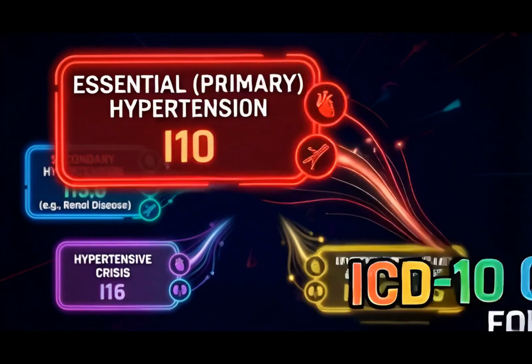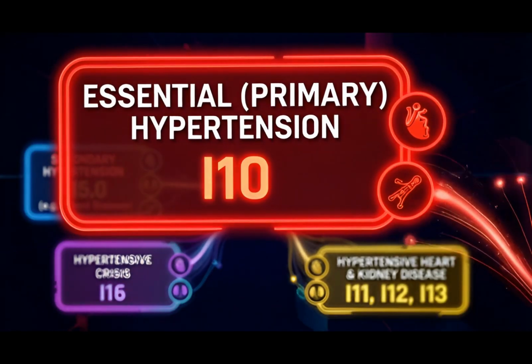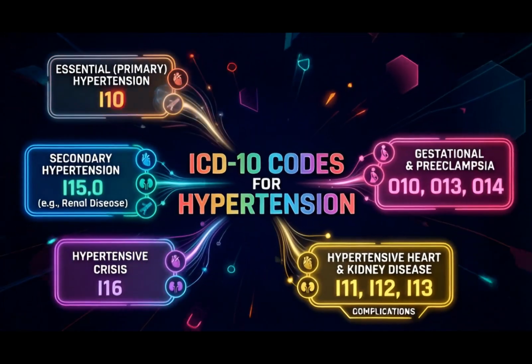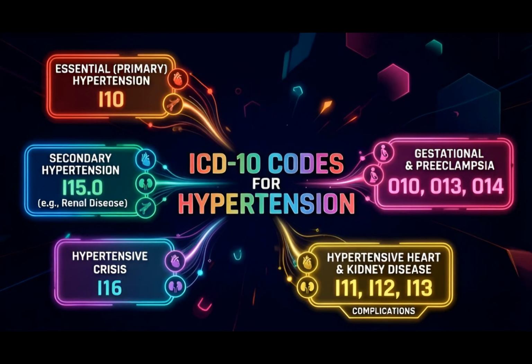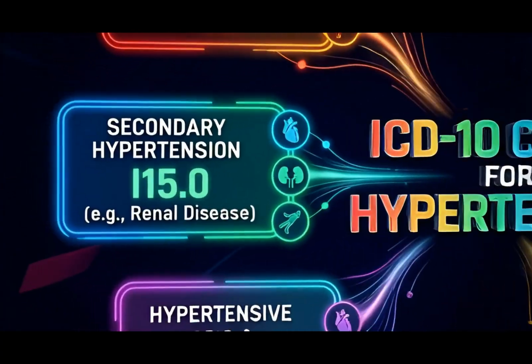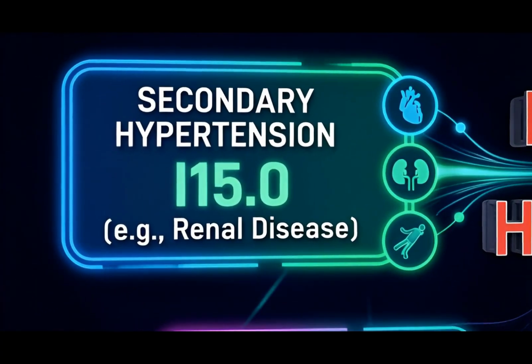First, we have essential or primary hypertension, coded as I10. This is the most frequently used code when no secondary cause is documented and there are no associated heart or kidney conditions. Next is secondary hypertension, coded under I15.